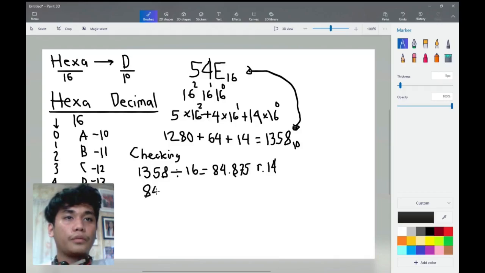84. We're going to take the whole number and divide it by 16. 84 divided by 16 equals 5.25. Our remainder is 0.25 times 16, it's 4.